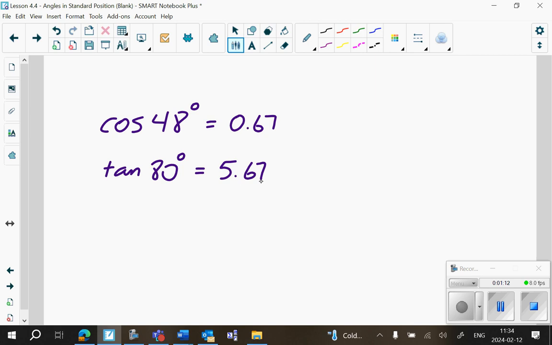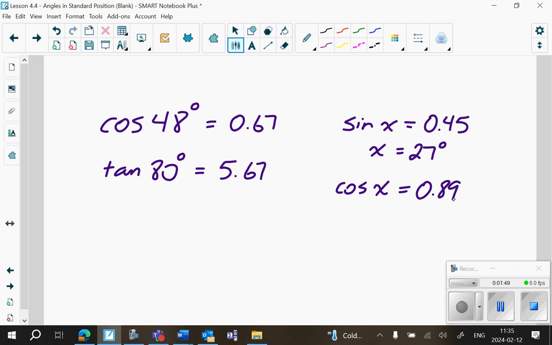Okay. Tell me what the angle is. How'd you get that? You just do inverse sine, right? Nearest degree, 27? 27 degrees? Nearest degree.